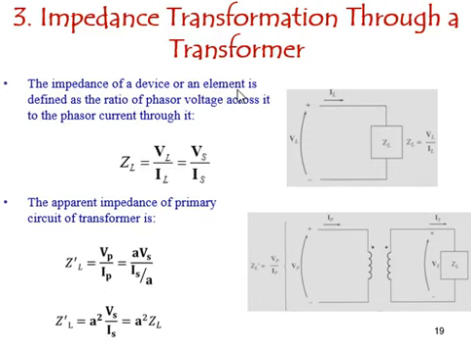But we already know that ZL is Vs over Is, so ZL bar would be equal to A square into ZL. And here A is basically the transformation ratio.